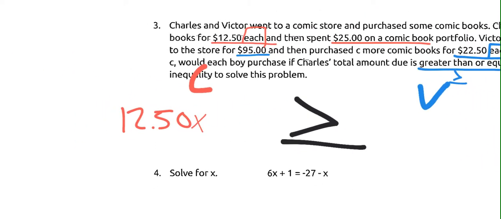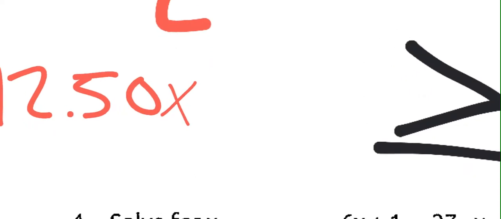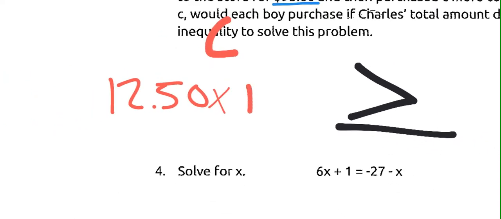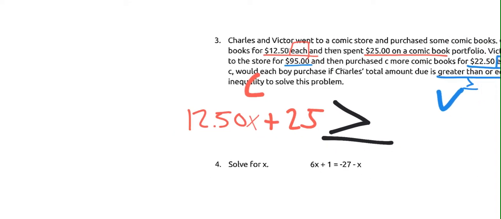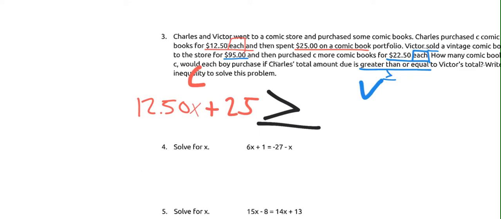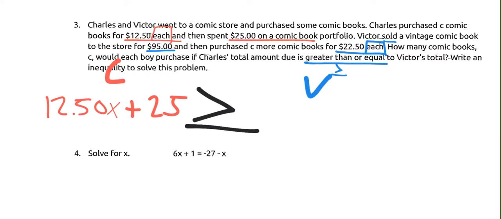And he also spent $25 on a comic book portfolio. So here we are going to have plus 25. So all in red, this is just for Charles: $12.50 per comic book plus $25 for that comic book portfolio. And we know that Charles spent more, or that we want him to spend more, greater than or equal to Victor's total. So now we're going to take a look at Victor over here.